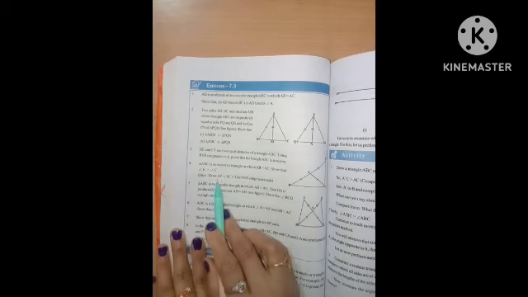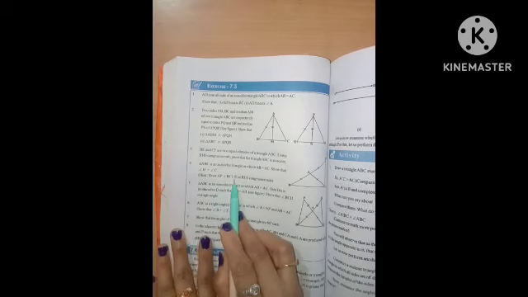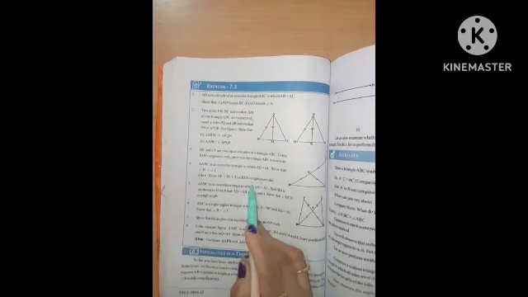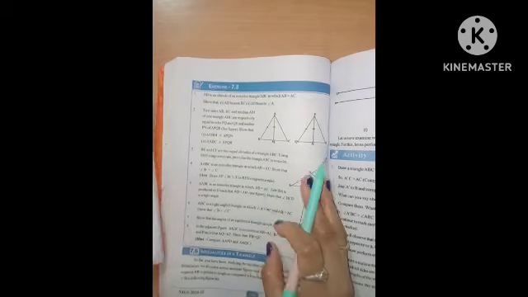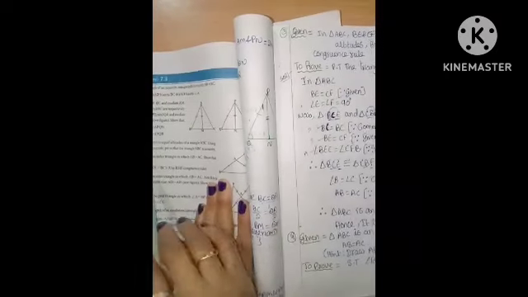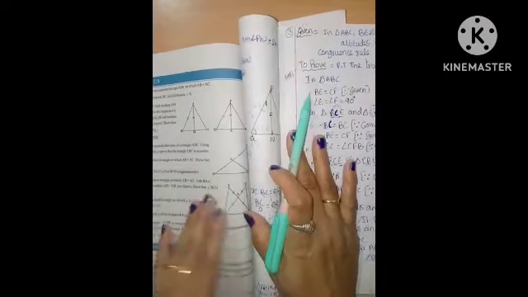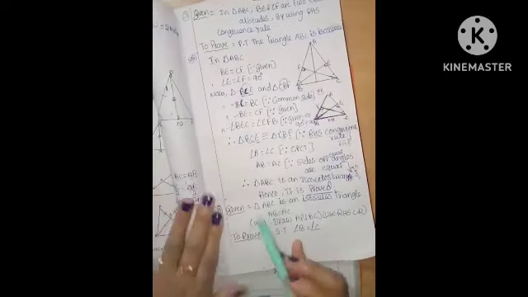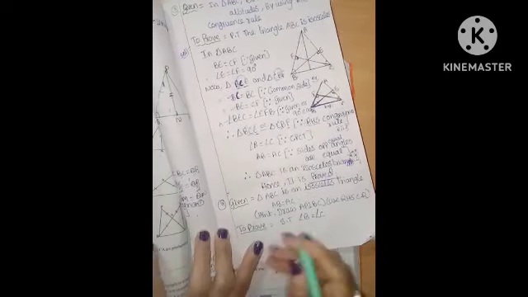One hint is given: draw AP perpendicular to BC. Use the congruence rule, which is also mentioned in the given problem. So according to the RHS congruence rule, we have to show that these two angles are equal. We need to prove that.